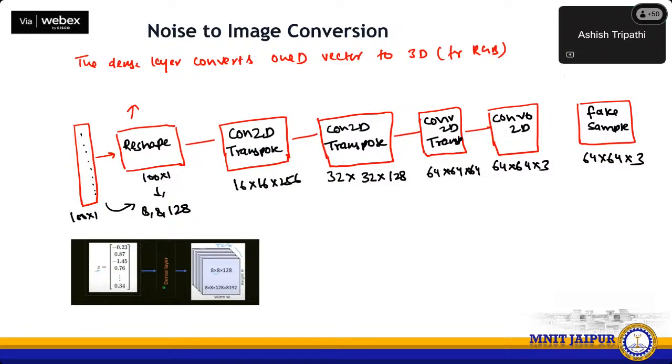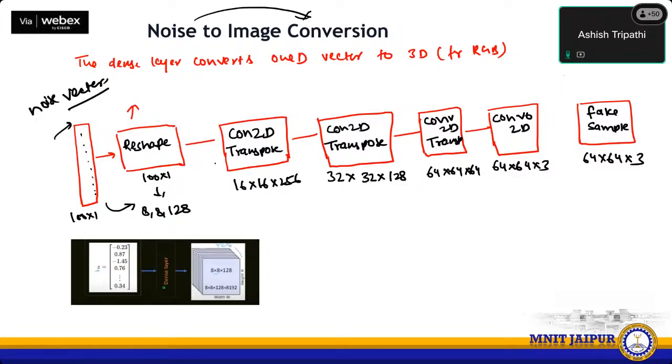Now let us also discuss how this noise is converted to an image. For example, I have used some function in Python, and I have created a noise vector. Got it?